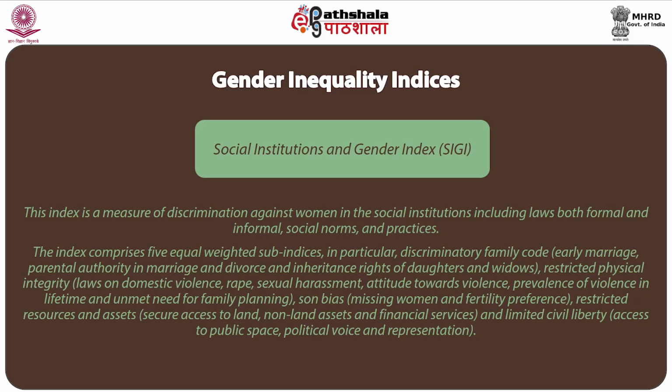The index comprises 5 equally weighted sub-indices: discriminatory family code, covering early marriage, parental authority in marriage, and divorce and inheritance rights of daughters and widows; restricted physical integrity, covering laws on domestic violence, rape and sexual harassment, attitudes towards violence, prevalence of violence in lifetime, and unmet need for family planning; son bias, covering missing women and fertility preferences; restricted resources and assets, covering secure access to land, non-land assets and financial services; and limited civil liberty, covering access to public space, political voice and representation.